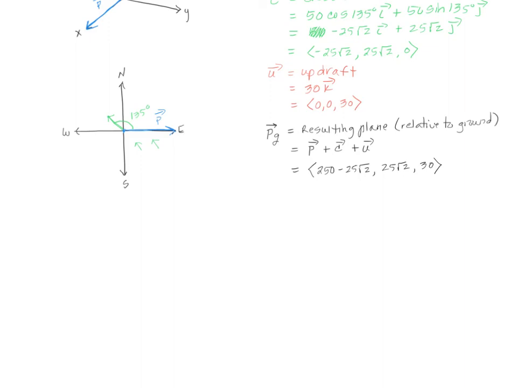But notice that the direction of this crosswind is also slowing my plane down. Okay? It's going kind of against the plane, so it's going to slow it down.